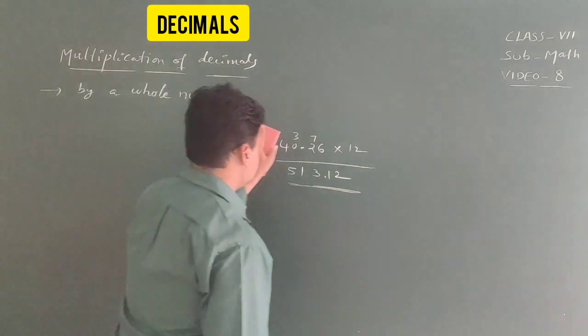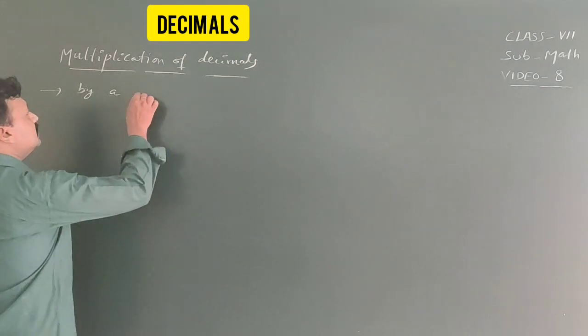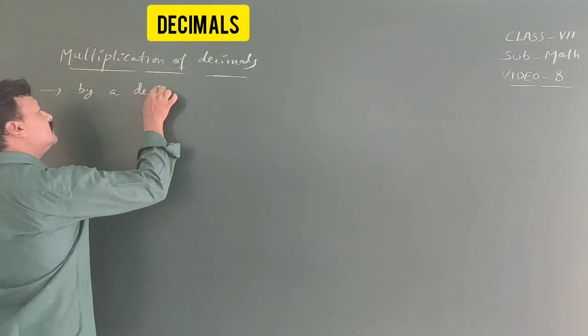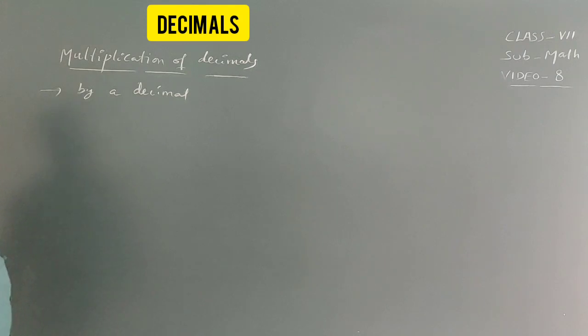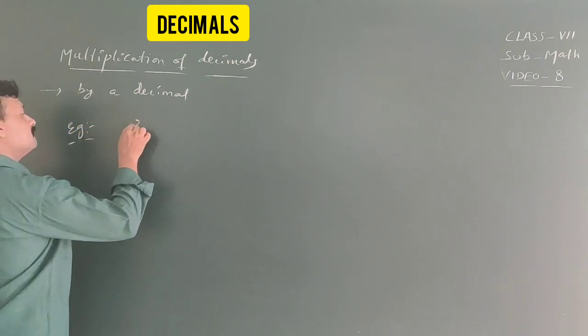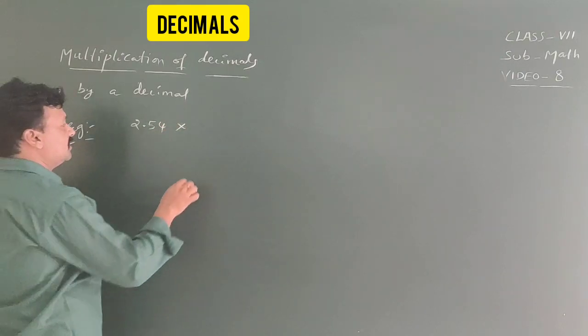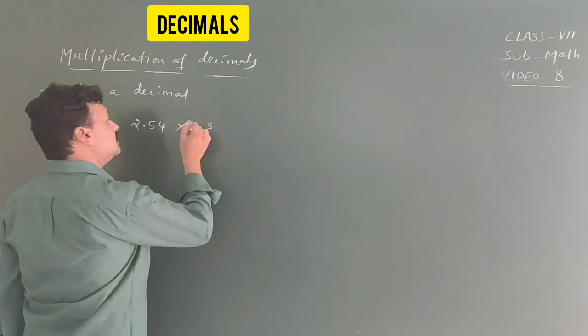Now, the third case: multiplication of a decimal by a decimal. For this one also, we have the same process. For example, 2.54 is multiplied by 1.3.